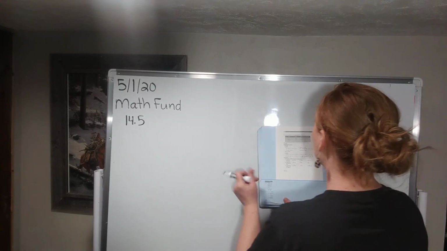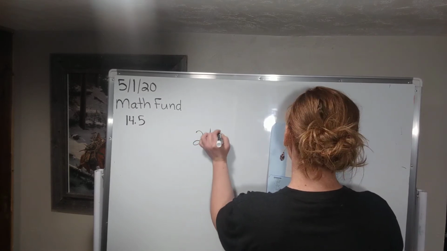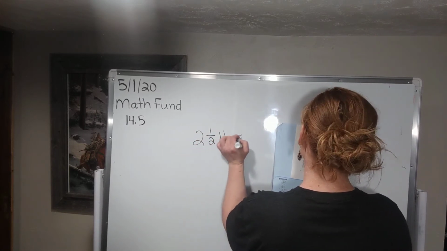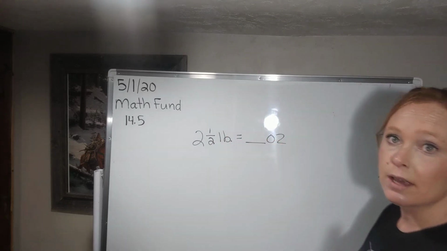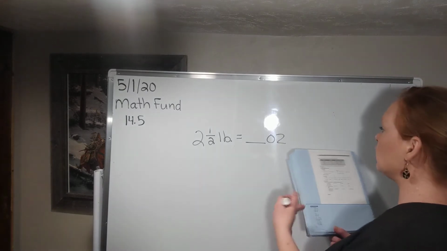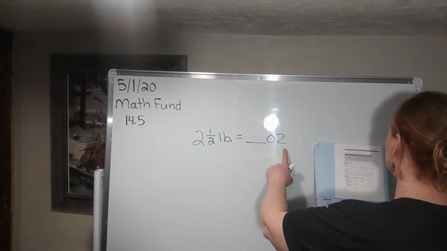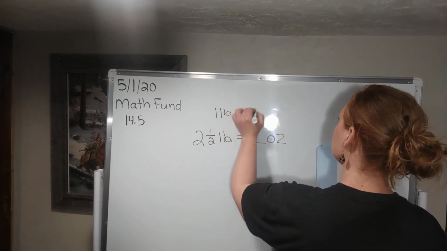So the first example A is 2 1/2 pounds equals how many ounces? We'll have to look and do pounds to ounces. Okay, so 1 pound equals 16 ounces.